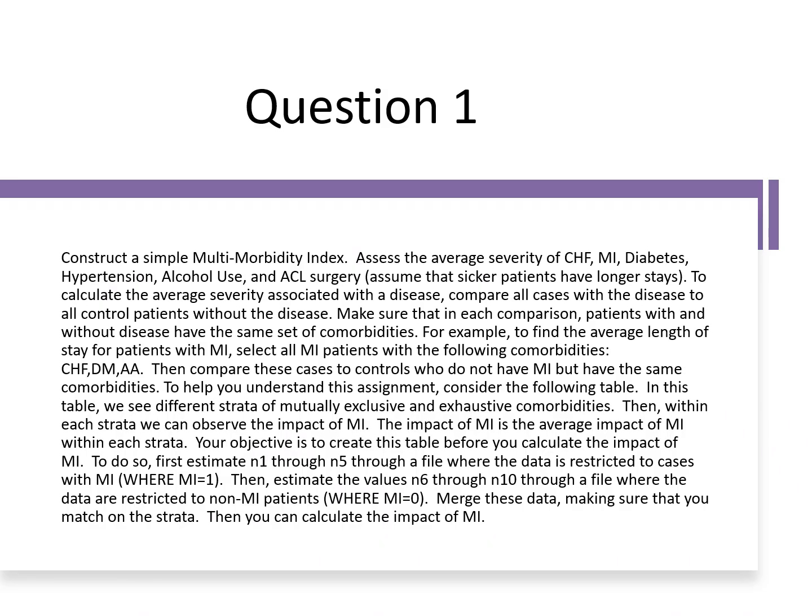Within each group, we calculate the average hospital stay length separately for patients who have the disease and patients who do not. The effect of a disease within each group is simply the difference between those two averages. We then bring all the groups together, giving more weight to the larger groups, to come up with the one final score that tells us how serious that disease is.